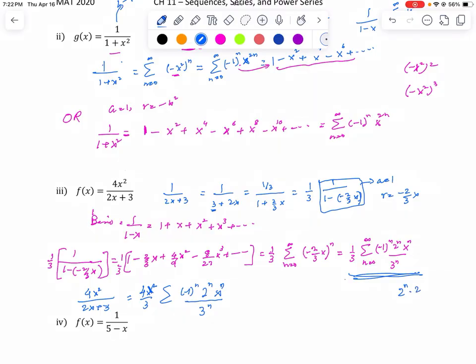How does that simplify? The bases are same and these are multiplying, so we get 2 raised to n plus 2.